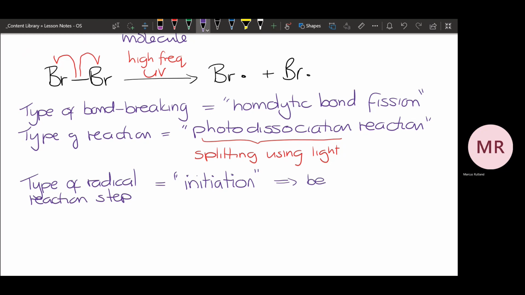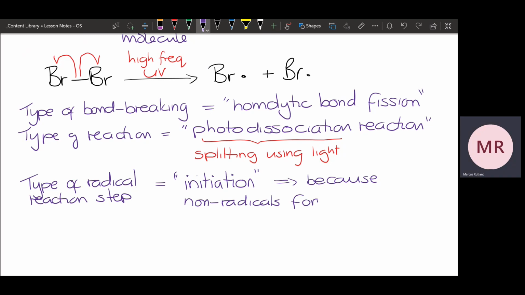Because non-radicals form radicals. Initiation is the start of things, so you've got the Br2 molecule that doesn't have radicals, splitting into the two bromine atoms that are radicals. So you've gone from a situation without radicals to a situation with radicals.